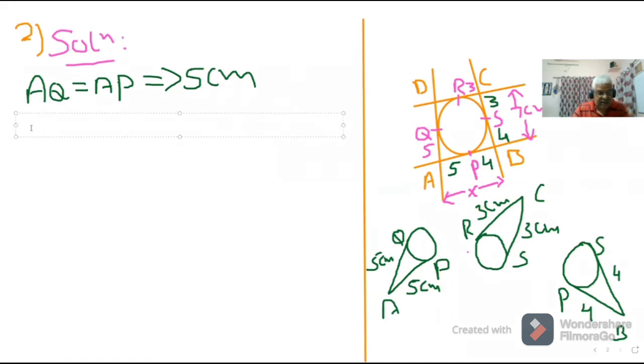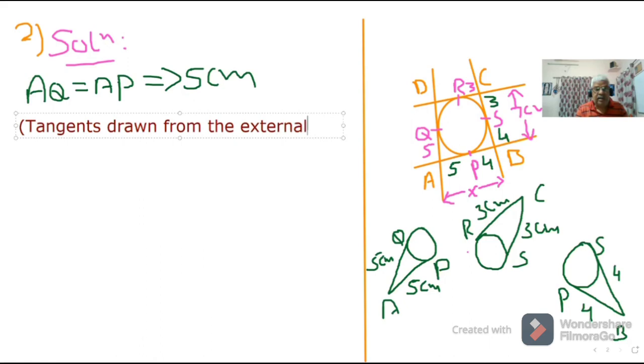Remember, the reason is: tangents drawn from the external point of a circle are equal. Finished.